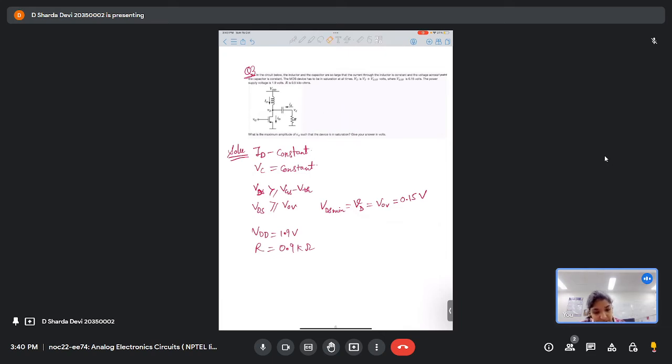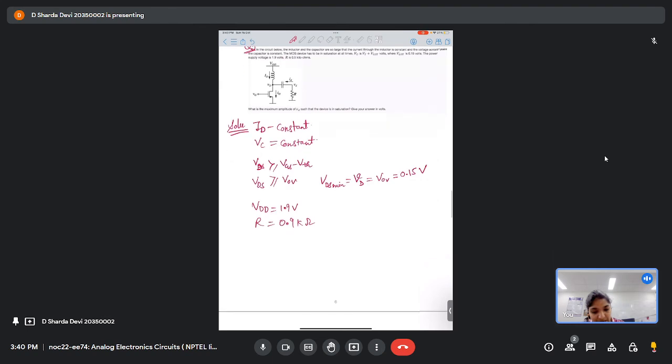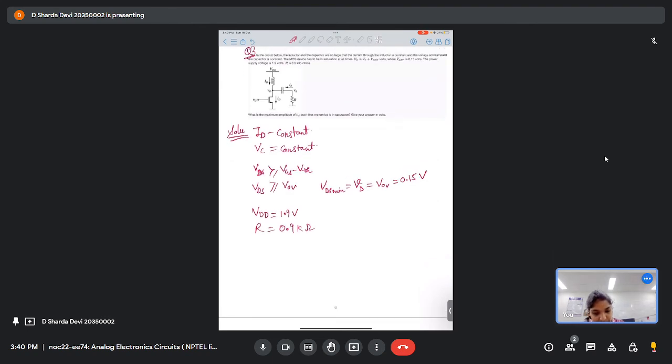So here VC is a constant value. So that means VC is, let's say, completely charged and it has a constant value. So what is the maximum voltage VC can have? 1.9 volts, right? So it can be completely charged. Maximum VC can have VDD.